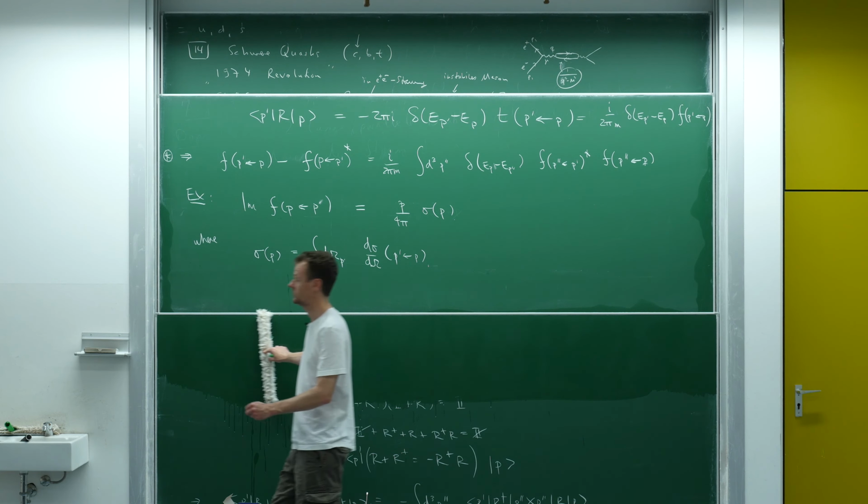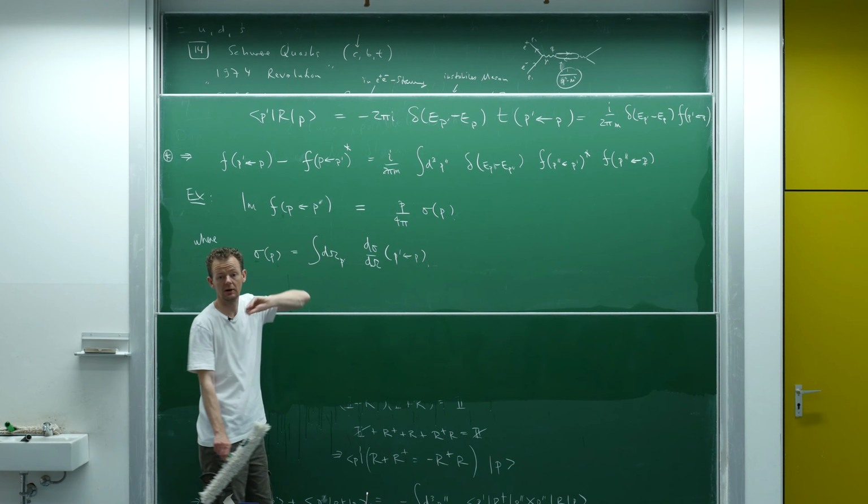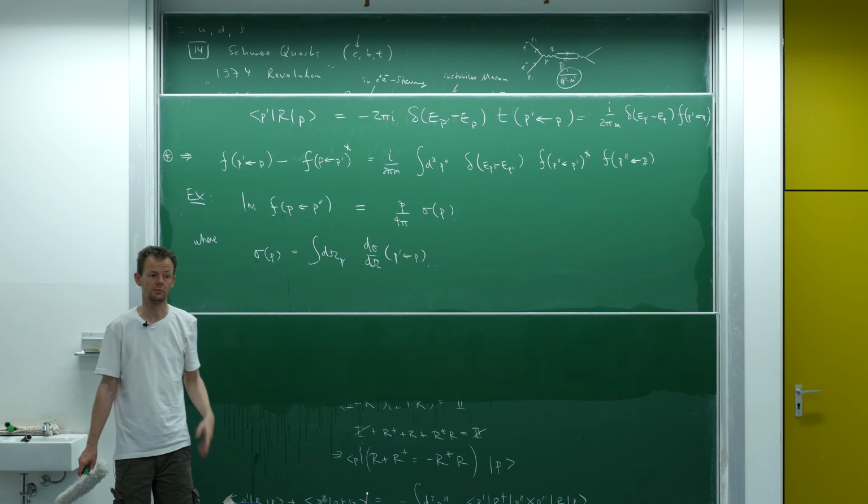Another way this equation can be useful is that if you know this quantity, then you know this imaginary part of f, so you get more data about f.